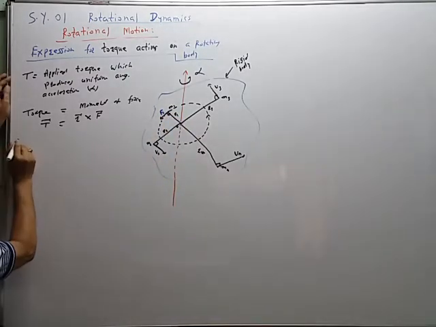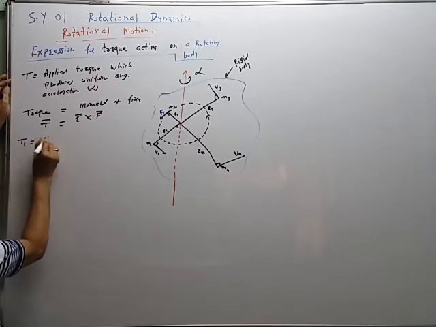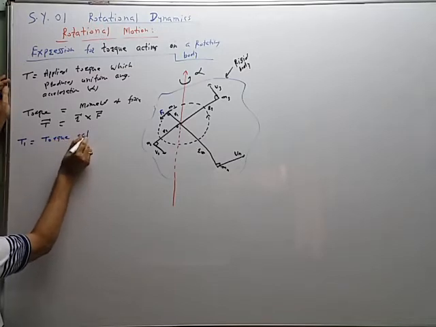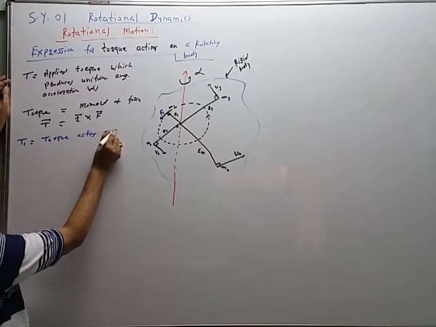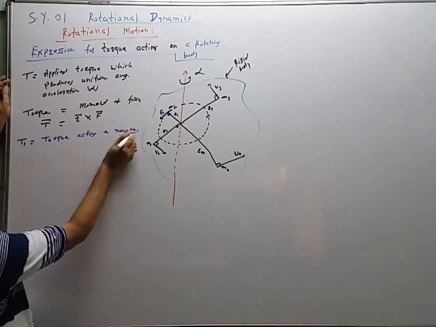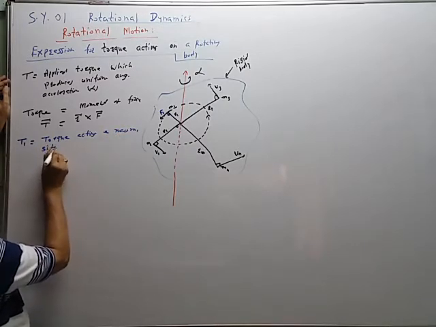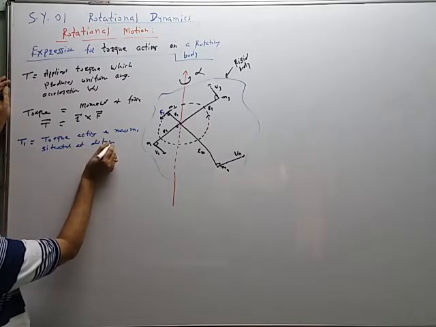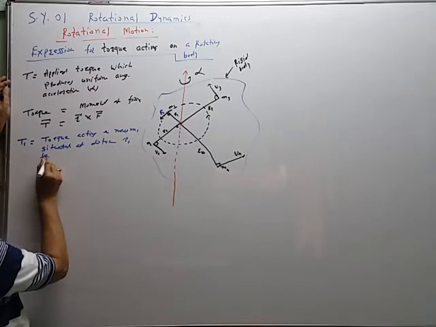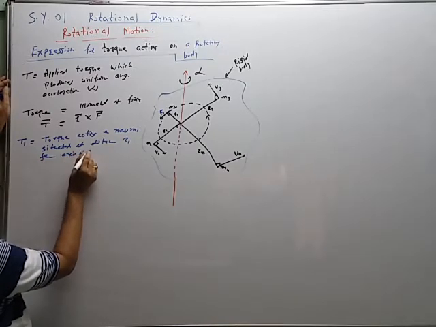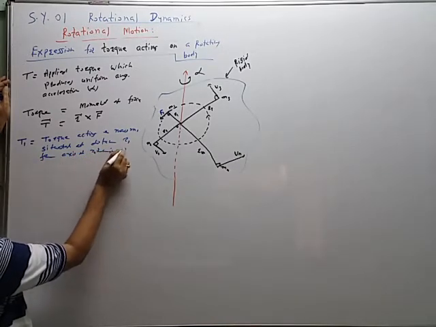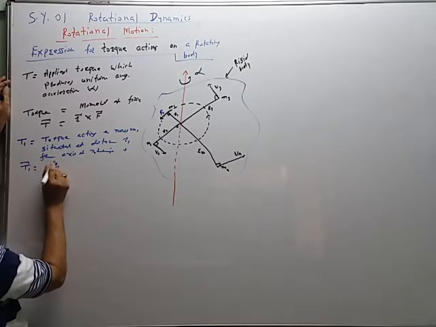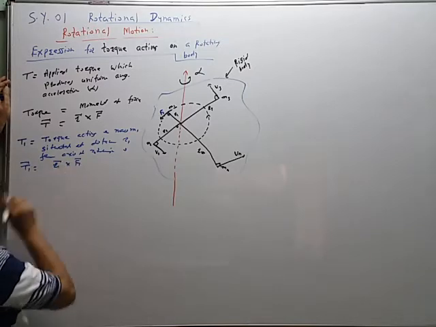So if T1 is the torque acting on mass m1 situated at distance r1 from axis of rotation O, then T1 is given by vector r1 cross F1.